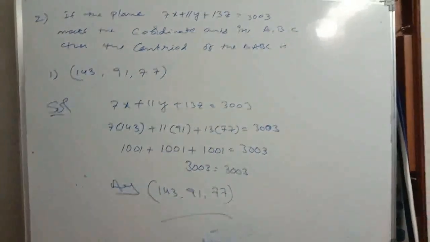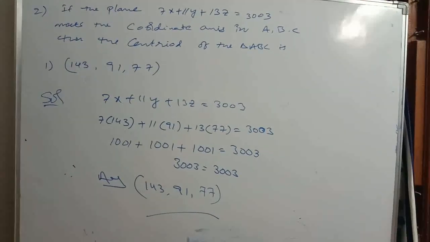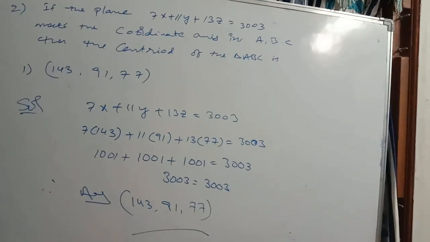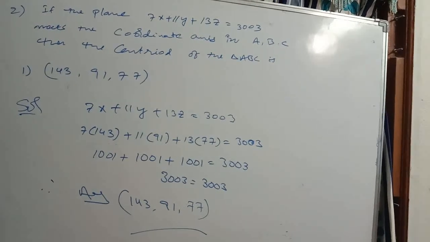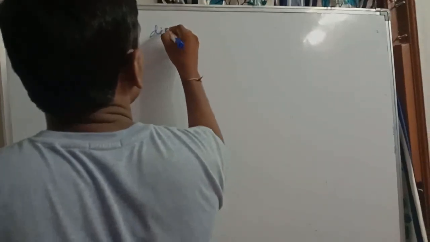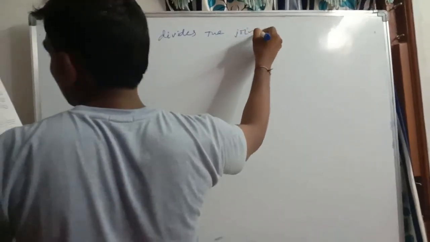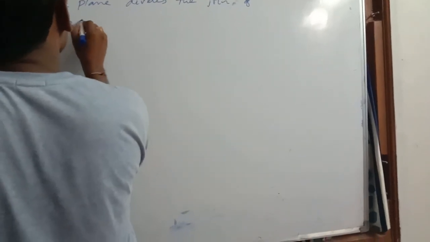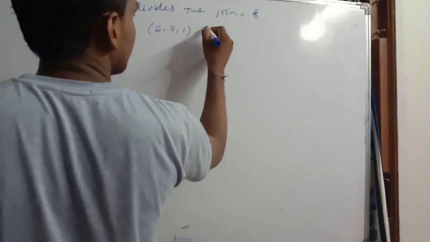Next question. The plane divides the join of (2, 3, 1) and (6, 7, 1) in the ratio?